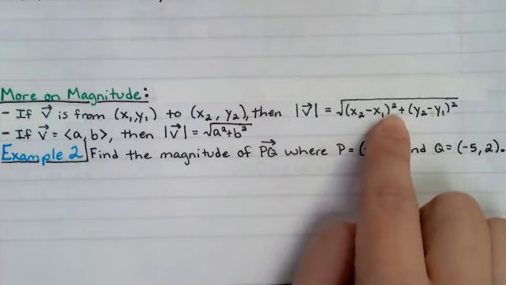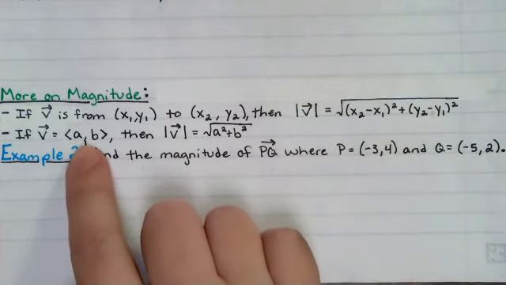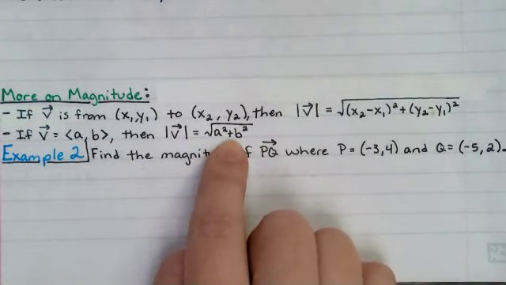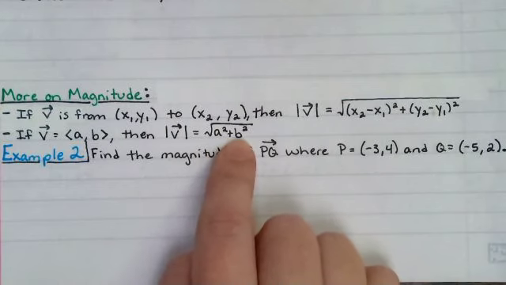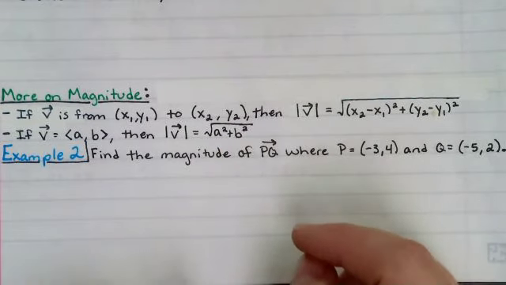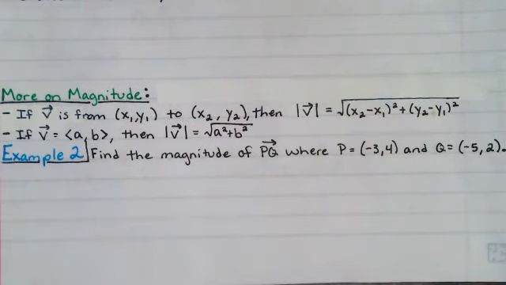But maybe I've been given the components instead. And if I've been given the components instead, then using Pythagorean theorem will work. Now, again, this is Pythagorean theorem, a little bit tweaked just to make it a little bit of a shortcut. But that's where this comes from, a squared plus b squared, right?